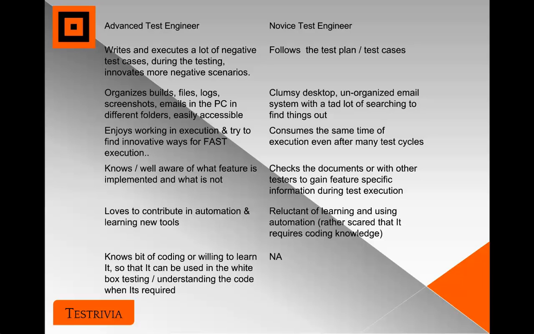That is how you should check the documentation before you really start execution. Every time checking the documentation is not advisable. You do it one time, or do it with other testers one time, and speak to the other testers while doing execution, and then gain the domain knowledge.